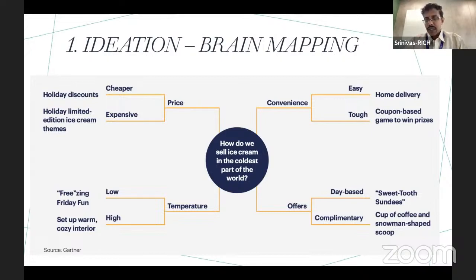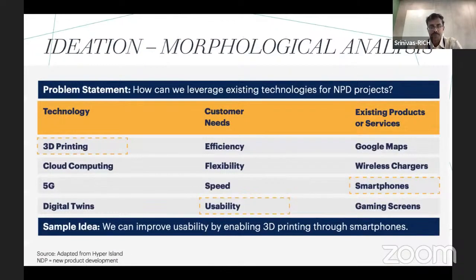Looking at daily flavor of the day kind of offer, or complimentary, you offer ice cream with some other coffee, and so on, right? So there are multiple ideas. And really being non-judgmental and first capturing all the ideas, okay, without any second thought on whether the idea is good or bad. And we'll worry about that good or bad later on when we look at analyzing these ideas.